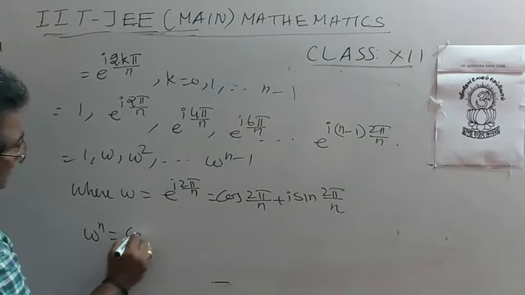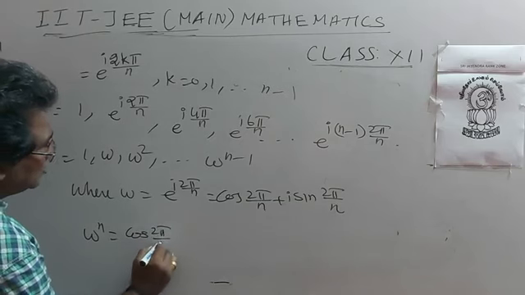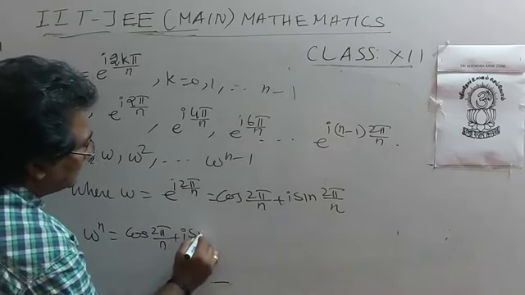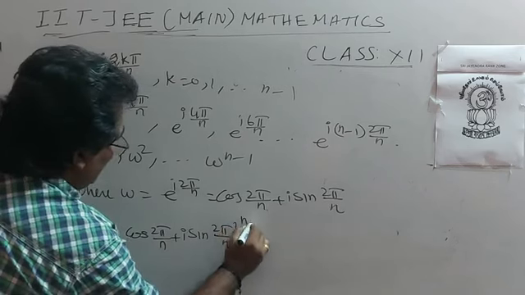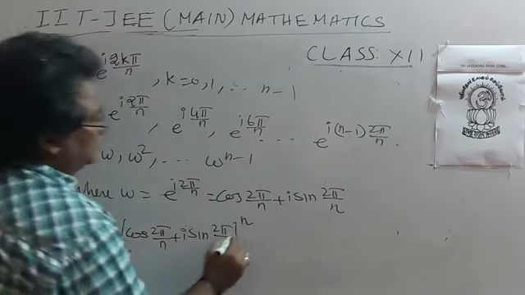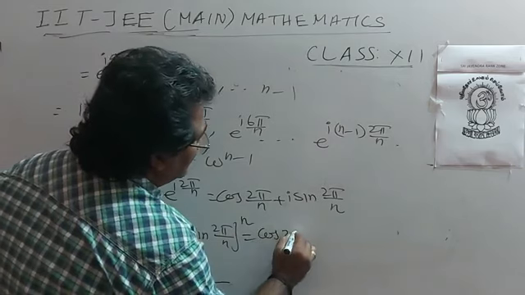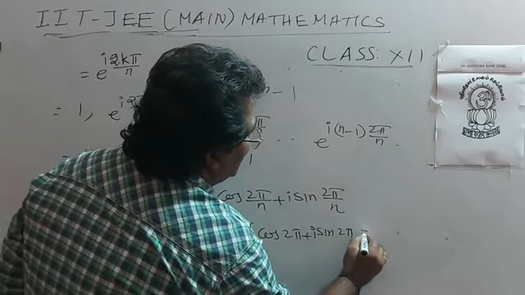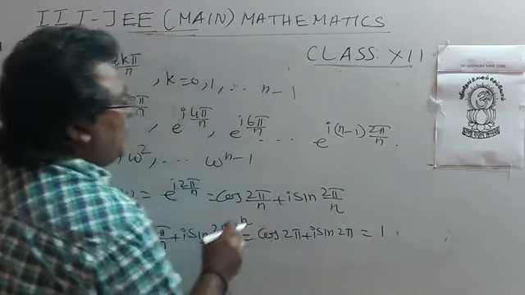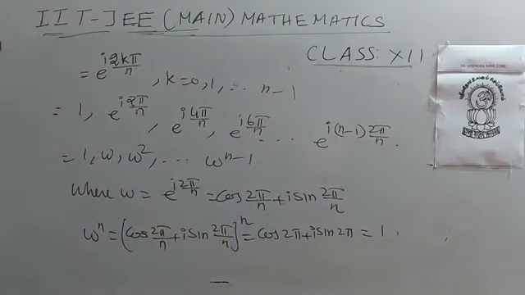Omega power n equal to cos 2 pi by n plus i sin 2 pi by n whole power n. Cos 2 pi plus i sin 2 pi, this is 0, this is 1. So omega power n equal to 1.